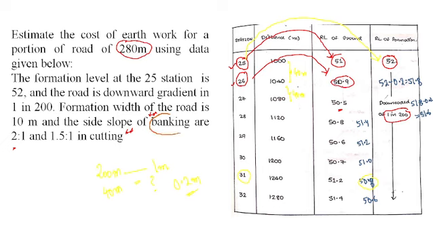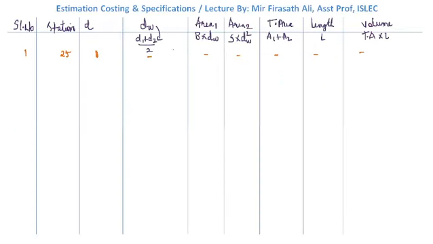So write down over here, banking slope is 2:1, so s is equal to 2.